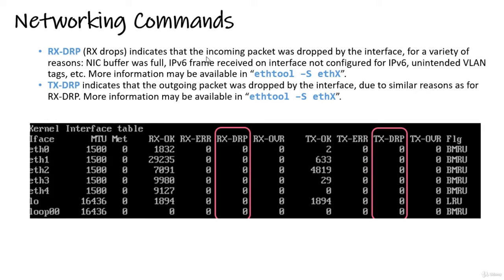So it came here and it was dropped. Once again, use that tool to get more valuable information: ethtool -s, capital ETH, and your interface. TX drop, the stuff that you're transferring and it's showing drops, can have similar reasons. Just use that command.